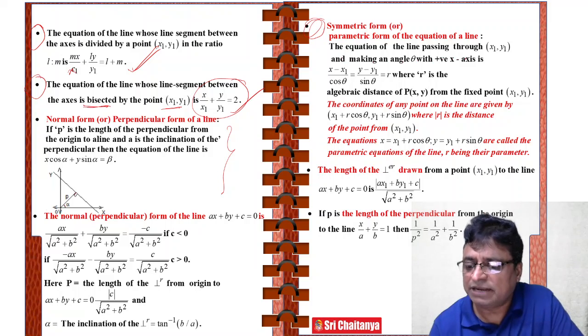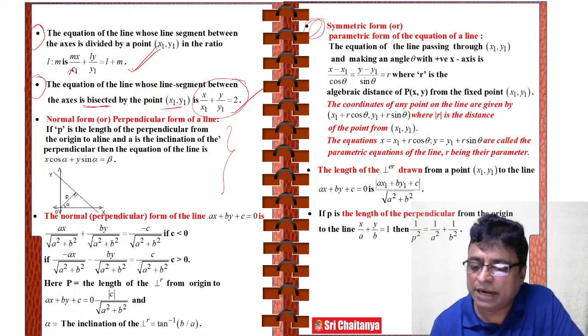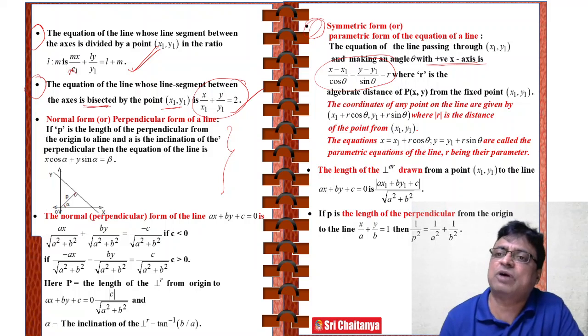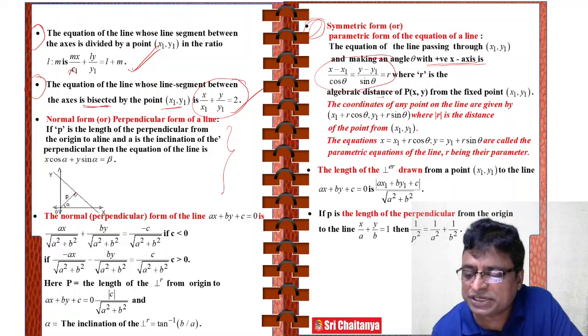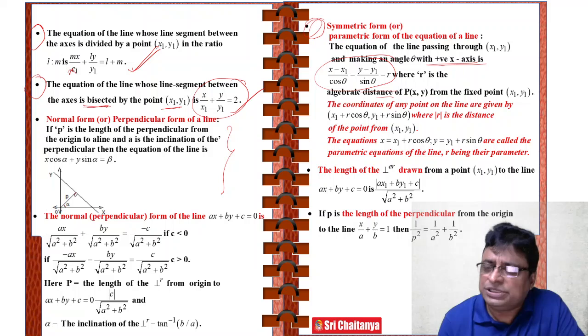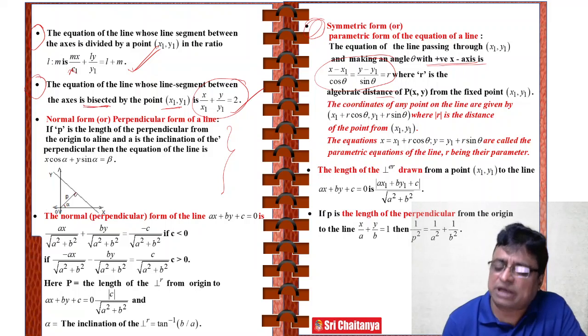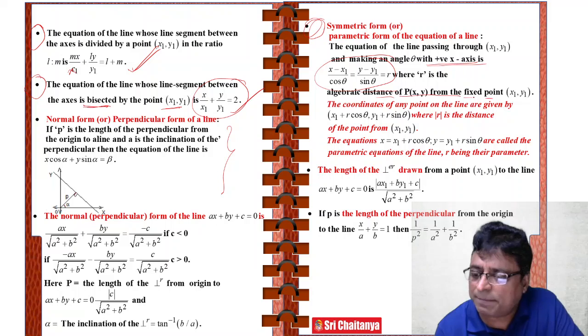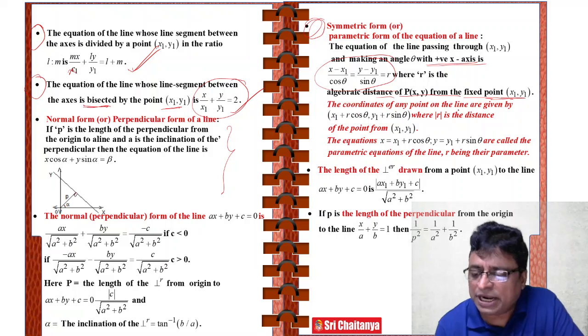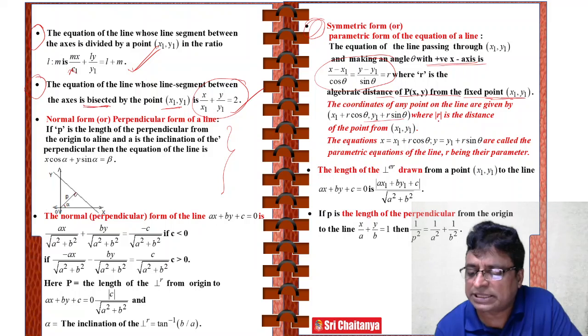That is, the equation of the line passing through (x1, y1) and making an angle theta with the positive x-axis is (x minus x1) by cos theta equal to (y minus y1) by sin theta equal to r, where r is called the algebraic distance or the actual distance of the point P(x, y) from the fixed point (x1, y1). So any point on the line is given by (x1 plus r cos theta, y1 plus r sin theta), where mod r is the distance of the point from (x1, y1).